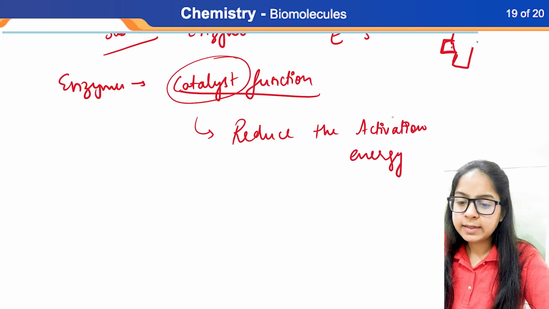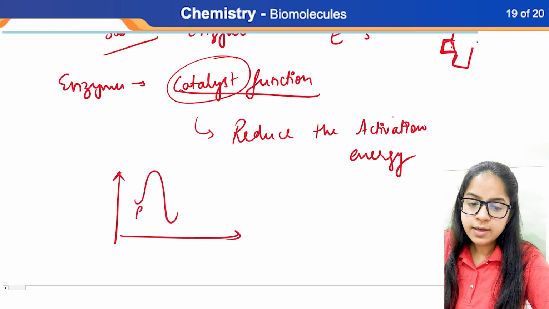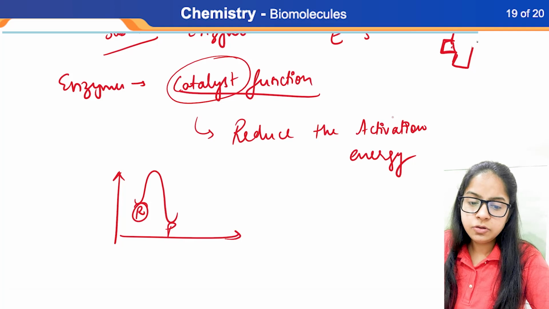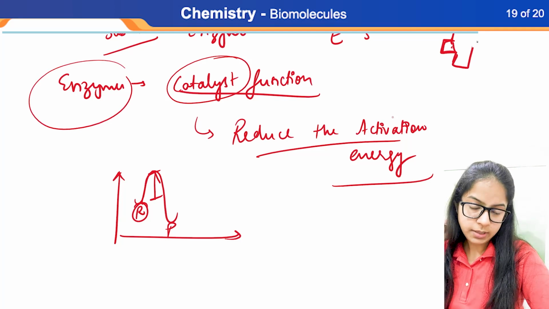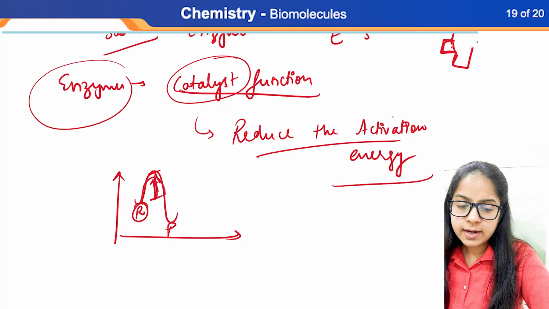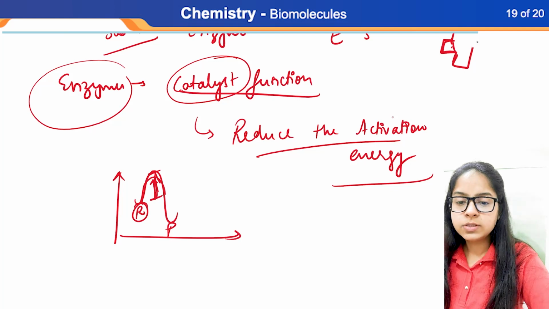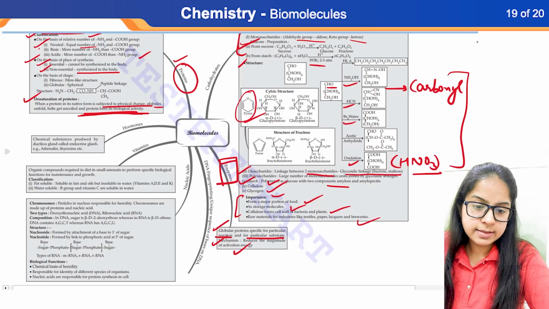Now, what is the activation energy? Activation energy is the energy required by the reactant to cross the energy barrier. So it helps to reduce the activation energy to this point, so that the reactant can easily cross this energy barrier. Okay, so this is the mechanism.